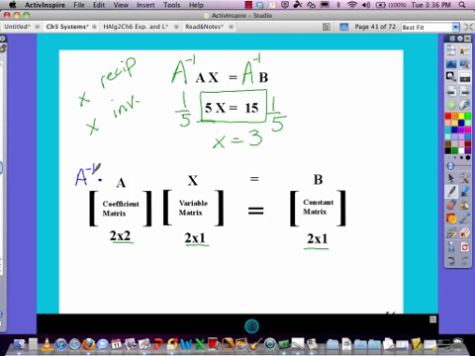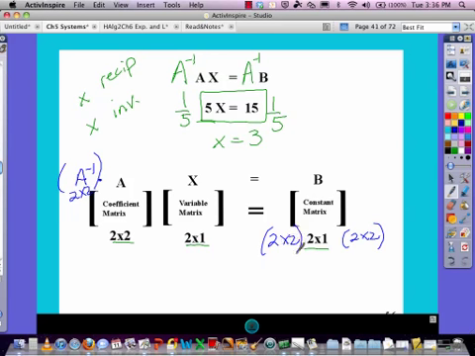Well, if I multiplied by its inverse on the left, remember, if its original is a 2 by 2, its inverse is also going to be a 2 by 2 matrix. So it's a 2 by 2. I'd also have to use that inverse over here on the right. Now the question is, can I put the 2 by 2 here or here?